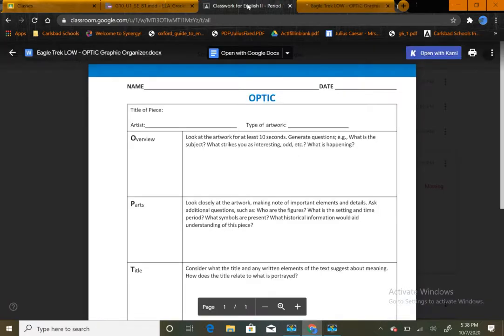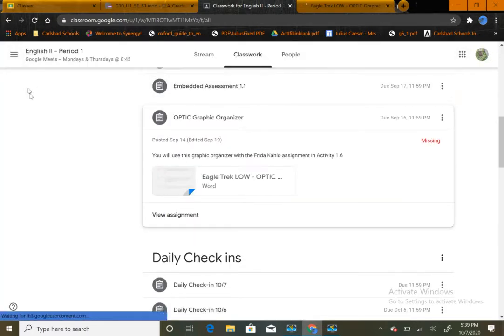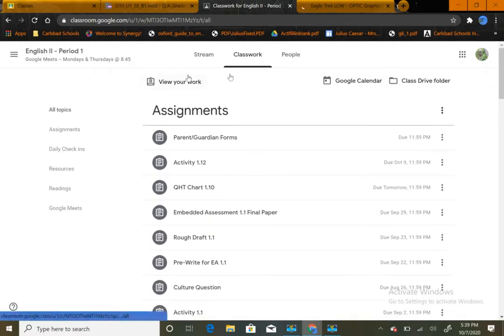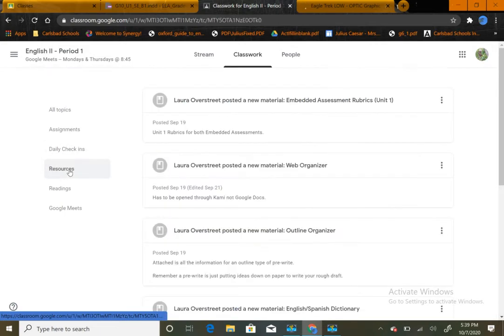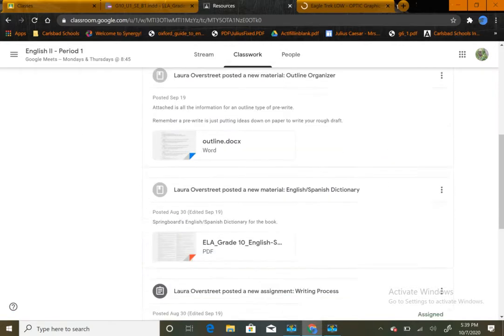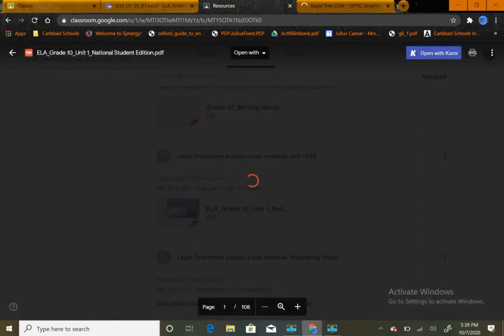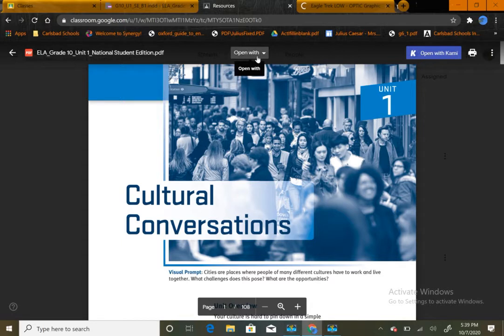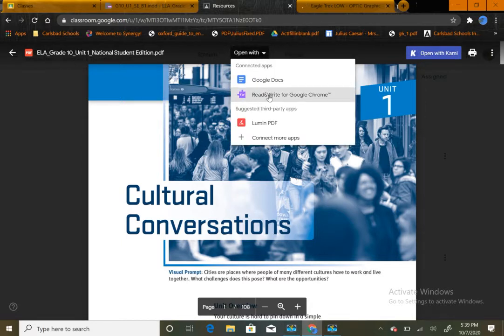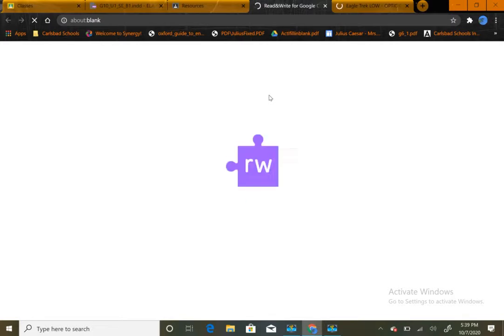So if I go back over here to my classwork for English, as a student, again, if I have the extension already downloaded, I can go to resources, scroll down to Unit 1. And since I don't have a student account for Read and Write for Google Chrome with my other Gmail account, I can't log into the textbook.